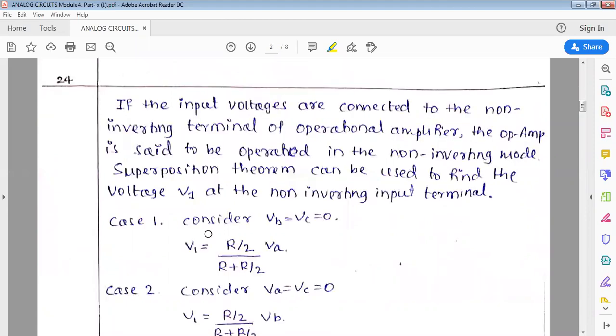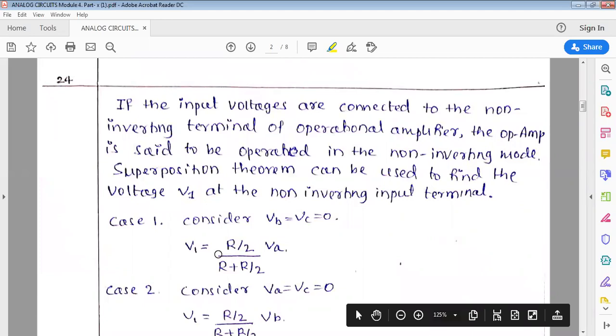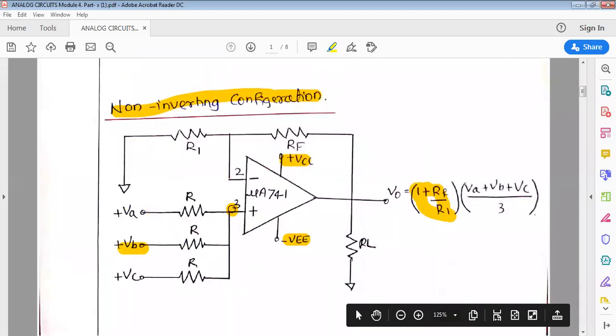That is why I have written V1 equal to the voltage at this terminal, which is the current passing through this parallel combination times its resistance. That is, the voltage drop across this parallel combination will be the voltage V1.